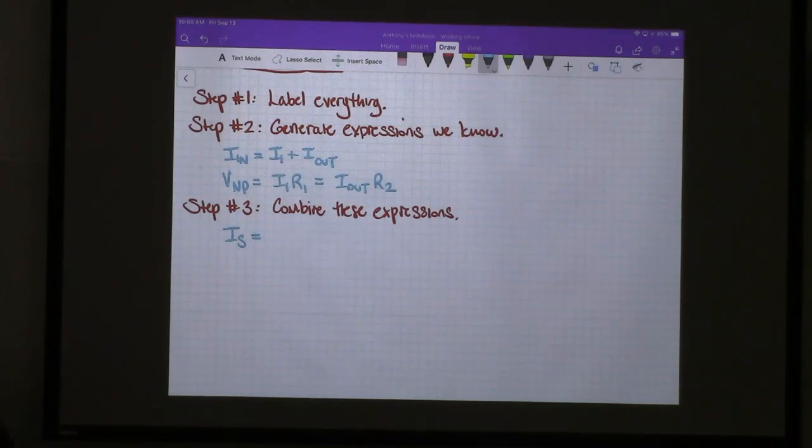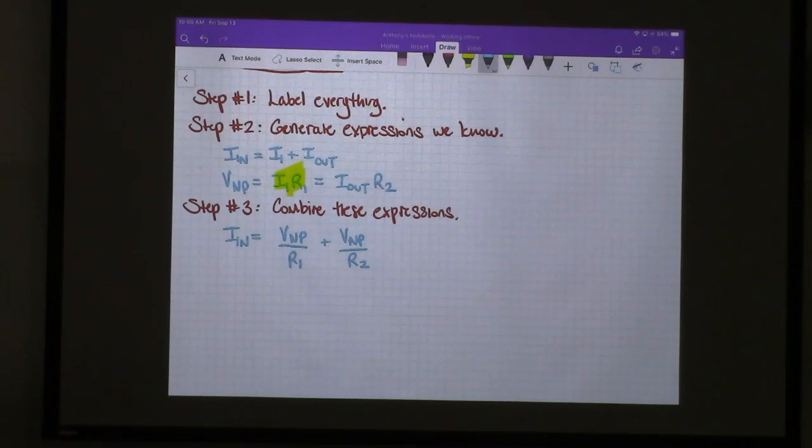So we know that I in, we called it I in, sorry, is equal to V node pair over R1, right, that's taken from here, plus V node pair over R2.